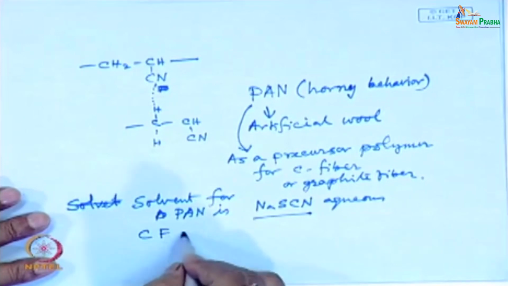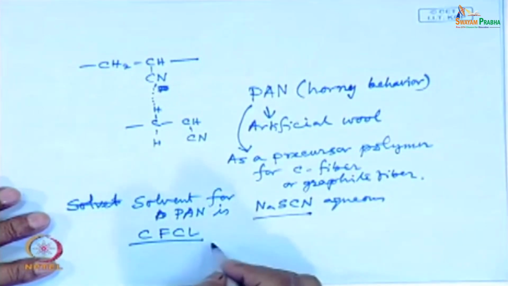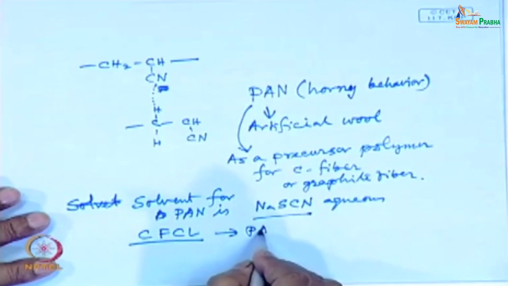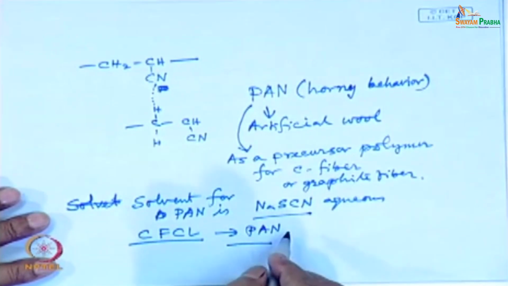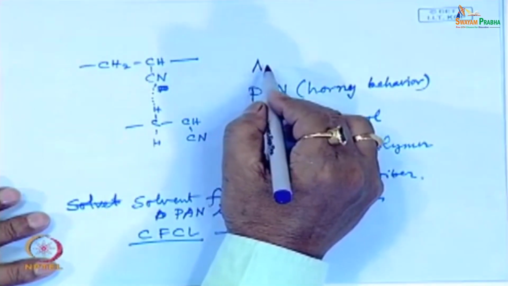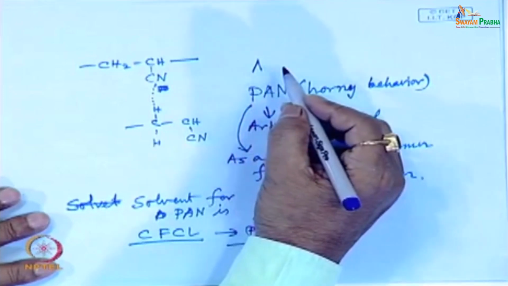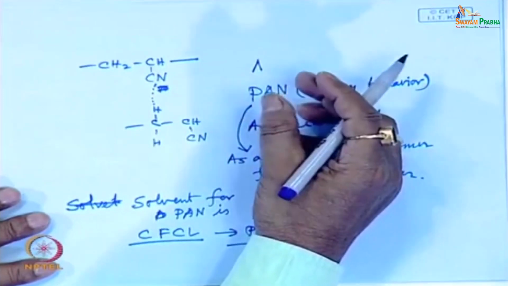There is one industry in Haldia, CFCL, Consolidated Fibers and Chemicals Limited. They manufacture this PAN fiber, artificial wool, Acrylan. What is synthetic wool called in the market?